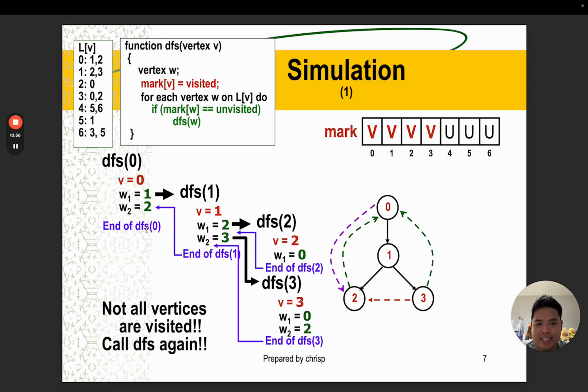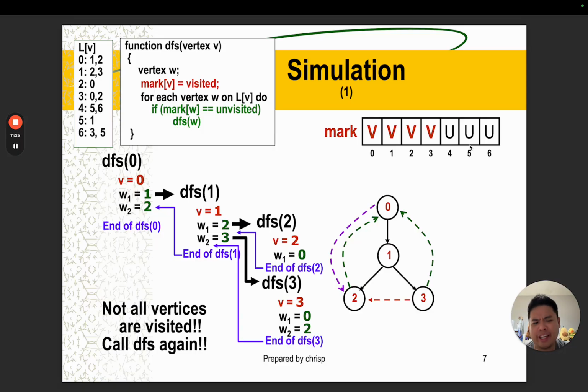What you will notice is there are still 3 unvisited vertices in this simulation of DFS. What does that mean? If there are still unvisited vertices, we need to call DFS again. And which of these 3 vertices will we use? The answer is, it depends.